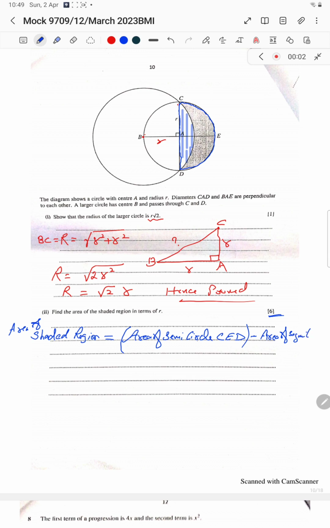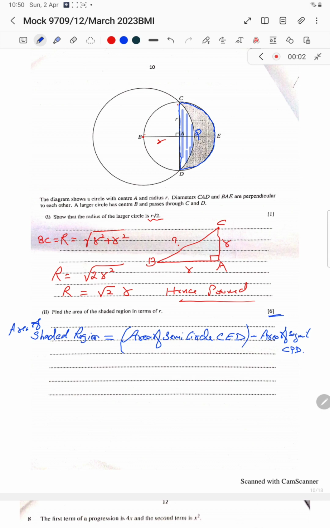What's the name of the segment? CAD, I can say segment. So make it point P here, I can say CPD. If I can find the area of the segment CPD, then it's very easy for me to subtract it from this smaller semicircle. So let's see how to find CPD, right? I hope it is clear.